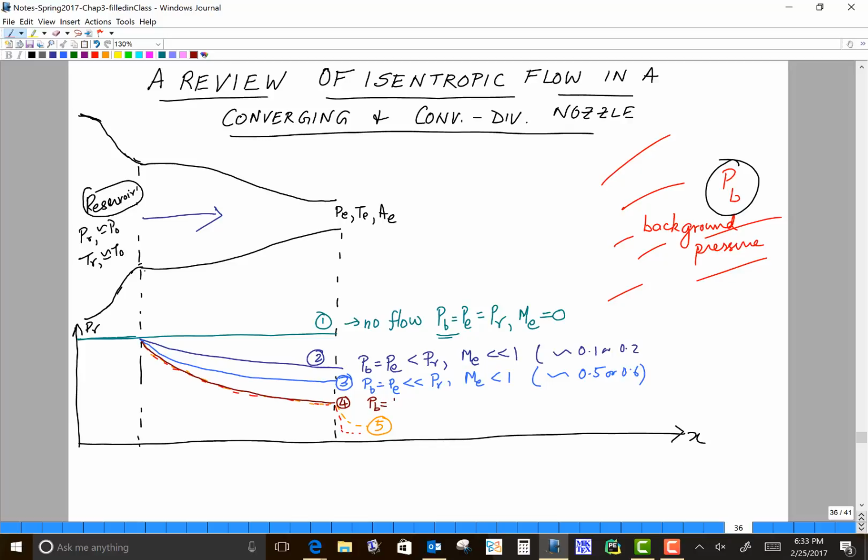So again my PB equals PE, and this is going to be much smaller than PR. Then my Mach number in this case is approaching 1.